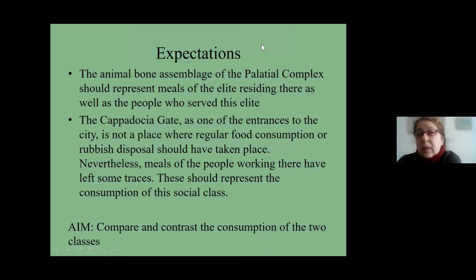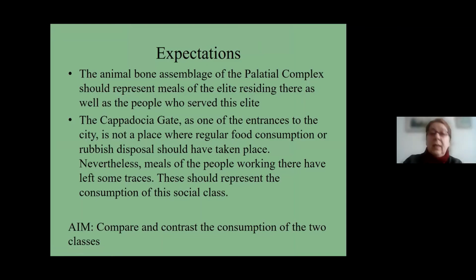So what I'm looking at here is that I want to compare and contrast the bones from the palatial complex with the bones from the Cappadocia Gate. The Cappadocia Gate is a place where you don't expect people to go and have lunches, as it is the entrance to the city, and it's also not the place where people would throw their rubbish.